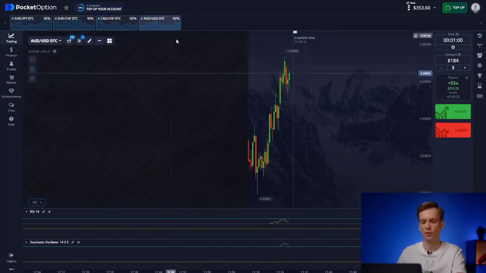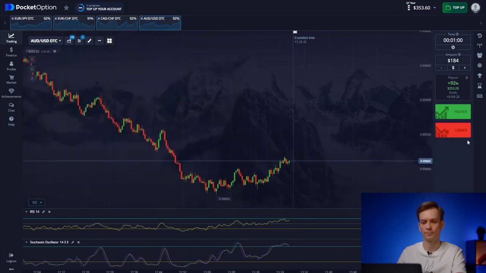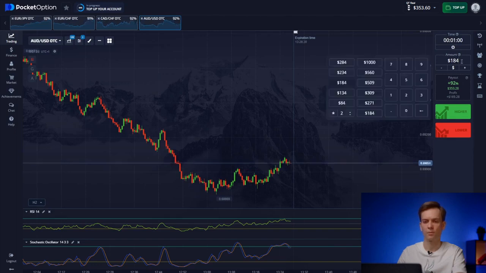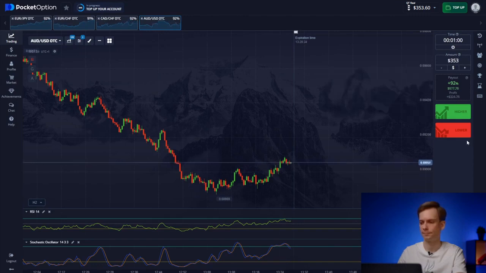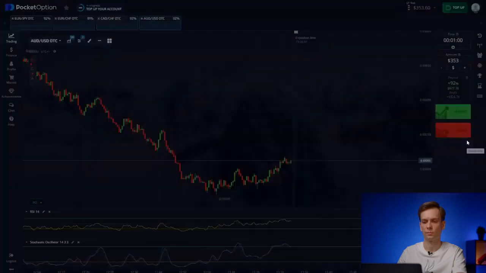The Australian dollar, the US dollar. I'm putting in 353 here. All right. Levels.